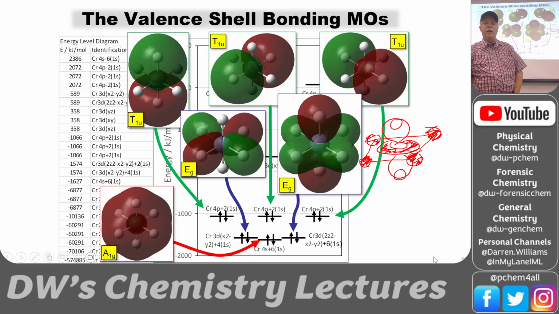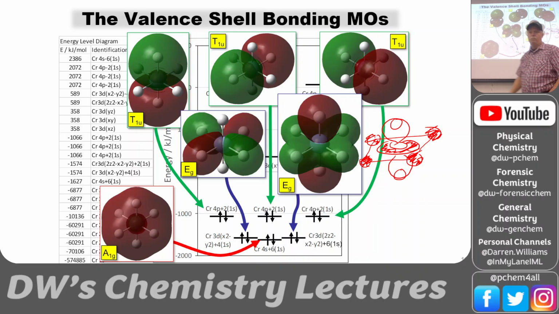And those are eg. And then we have the 4p orbitals interacting with 2 of the hydrogens at a time. So that would be the pz, the px, I guess, and the py coming out. And that's actually showing up in our little MO diagram.